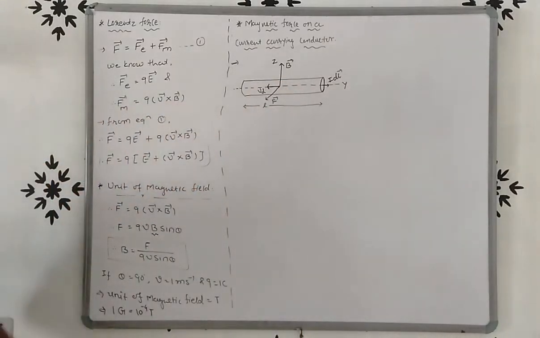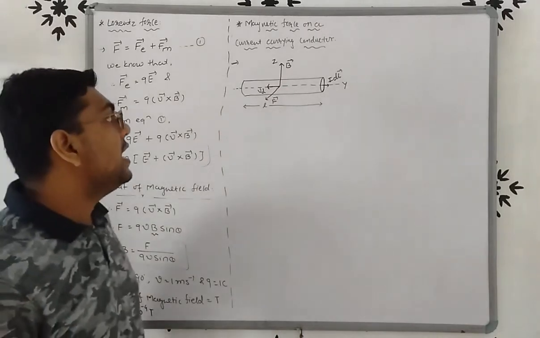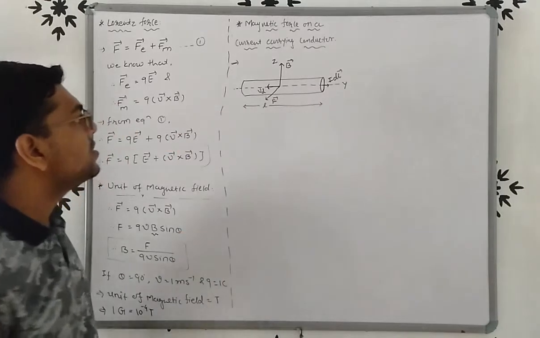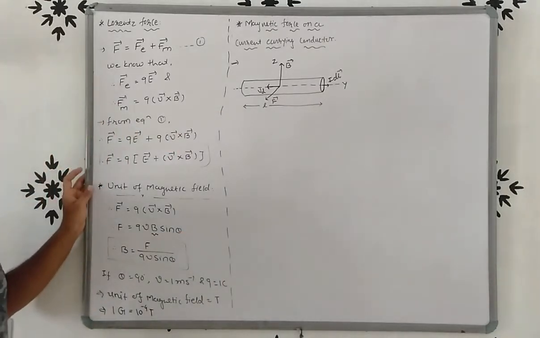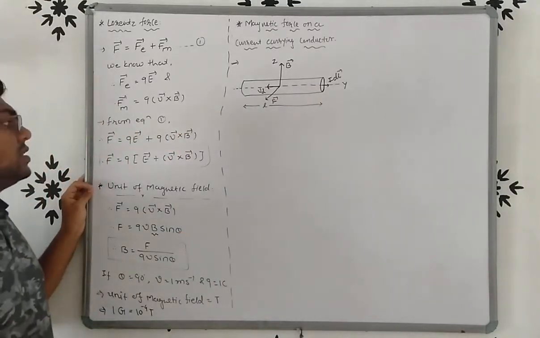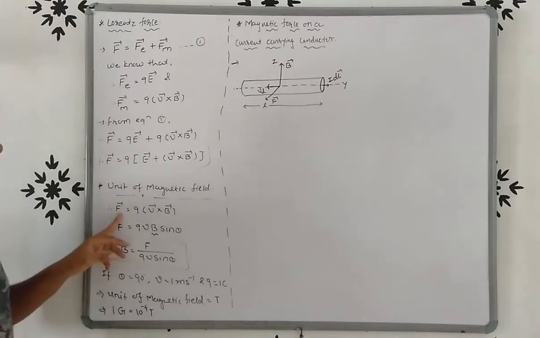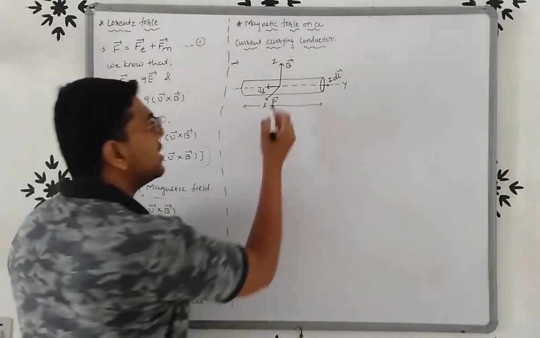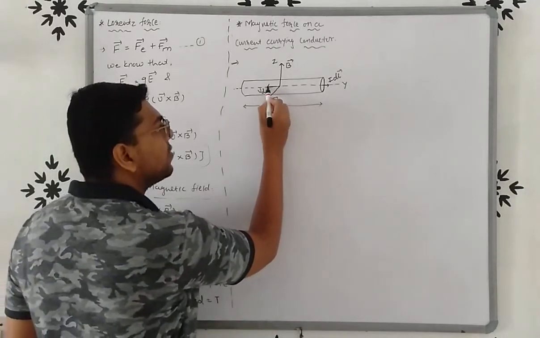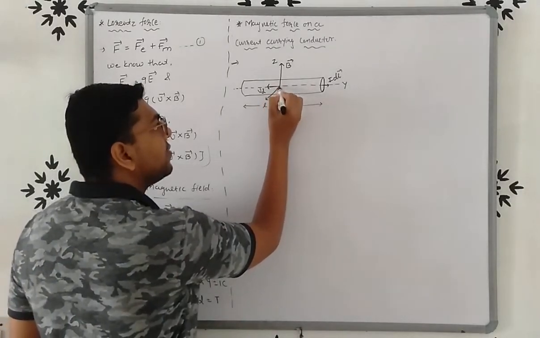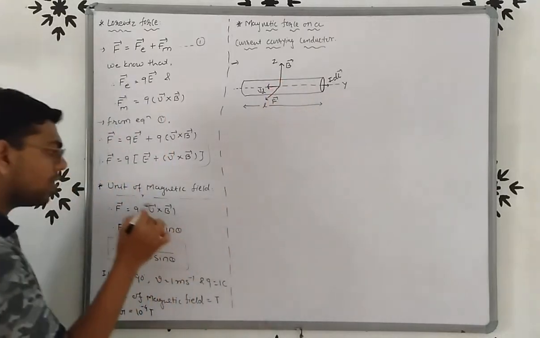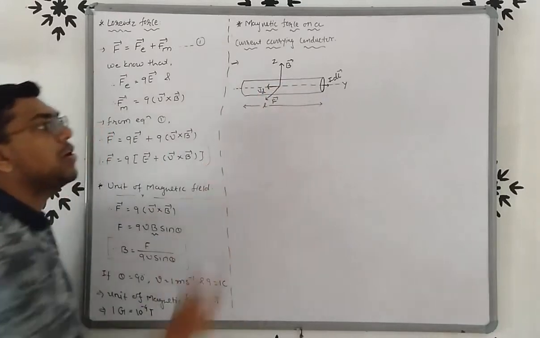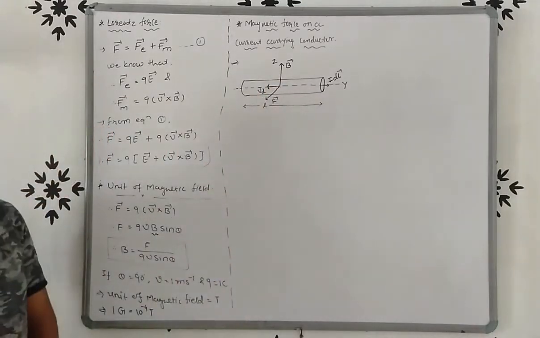So here we consider the velocity of the electrons is along the negative y-axis, right? So here from this formula, vector F is equal to q into v cross B, right? Here velocity is on y-axis, magnetic field is on z-axis. So from this formula we can easily say that the force will be on x-axis, like this.